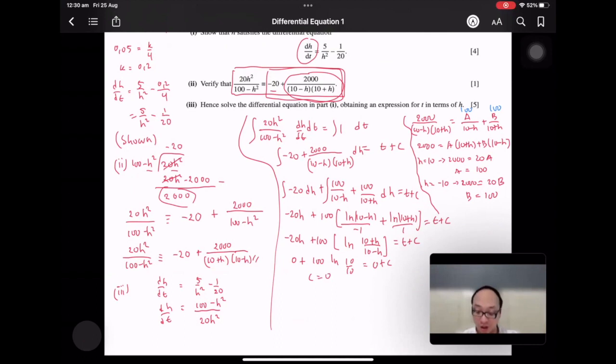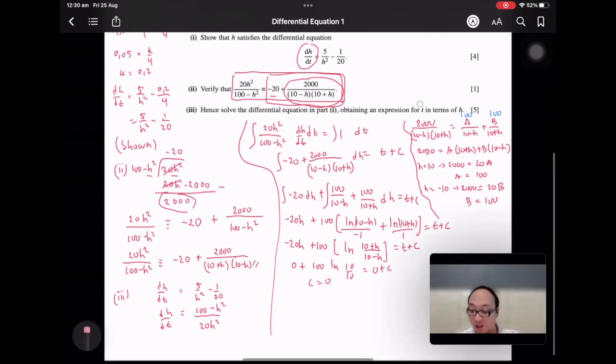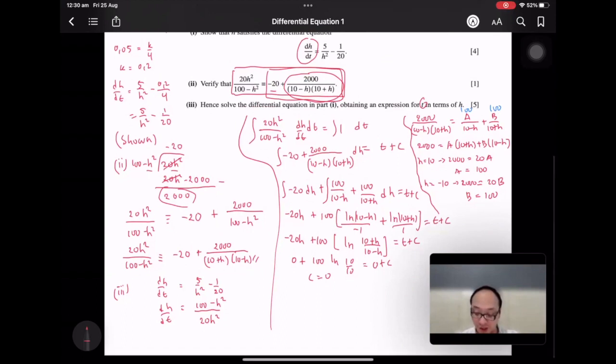So that means the equation for t in terms of h is t equals 100 ln of 10 plus h over 10 minus h minus 20h. This is the final answer.